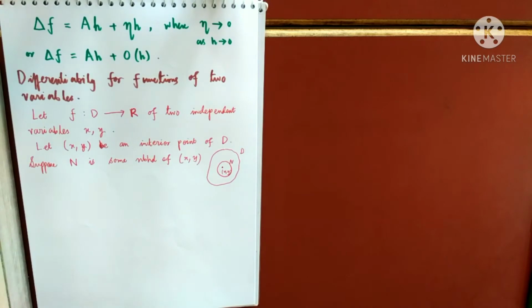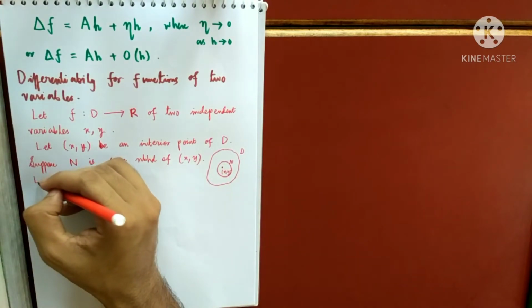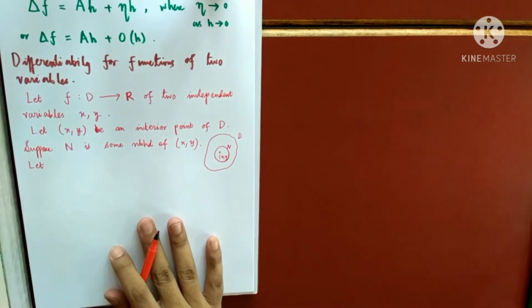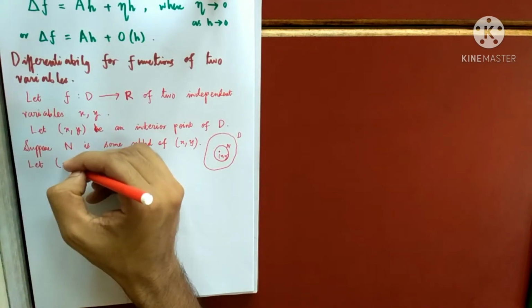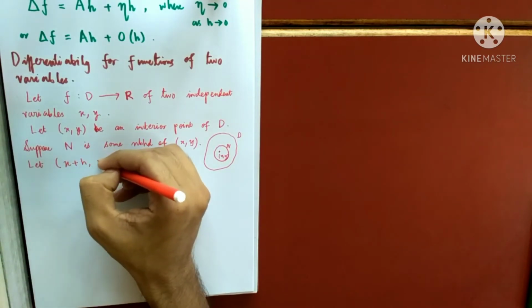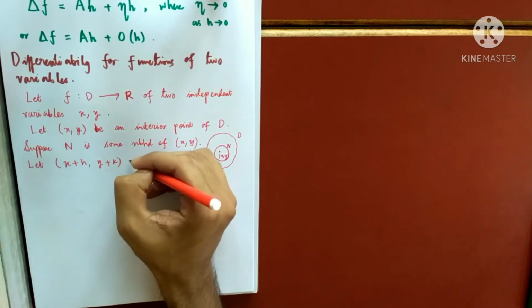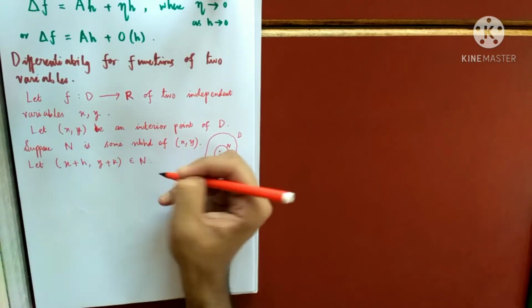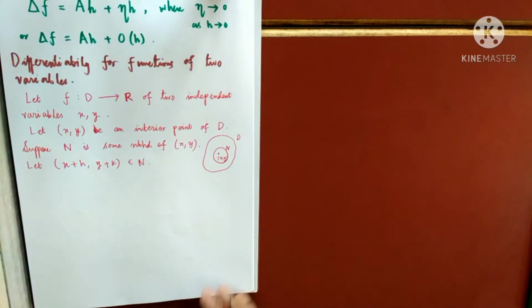And because I want to talk about the increment of the function, suppose x plus h comma y plus k belongs to that neighborhood. So I am incrementing x by h and y by k, and I can talk about the increment in the function as well.